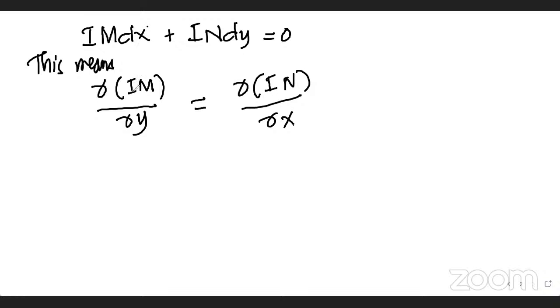Tandaan ha, I is a function or a factor that you introduce dun sa first order differential equation. Now, if we differentiate this with respect to y, product rule, I times M yan.